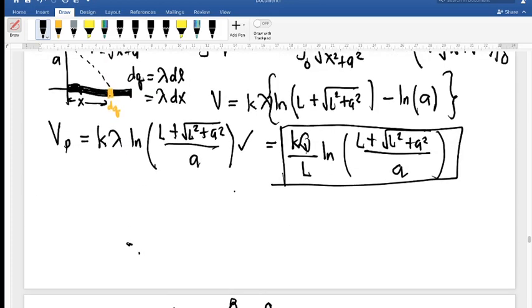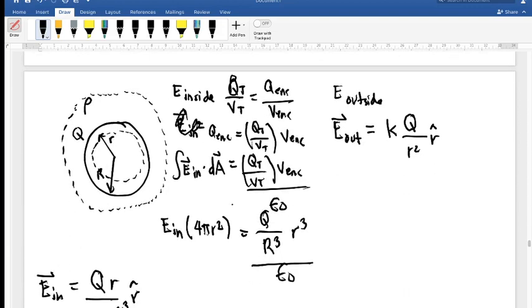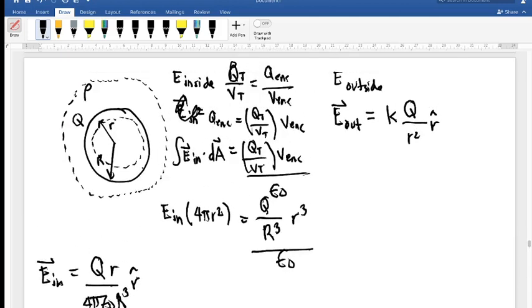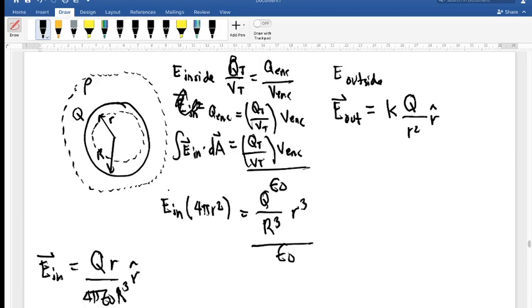Now, how to find the electric potential outside and inside. So just like what we did in our last sample problem, the reference point is at infinity, which is equal to 0 for our electric potential.